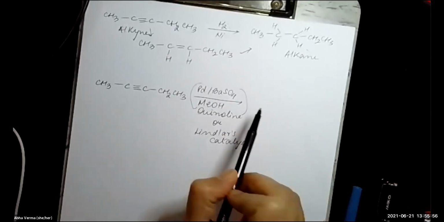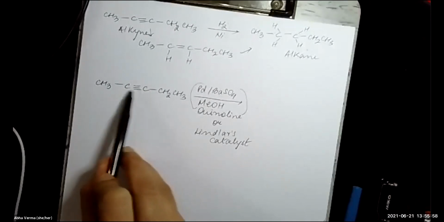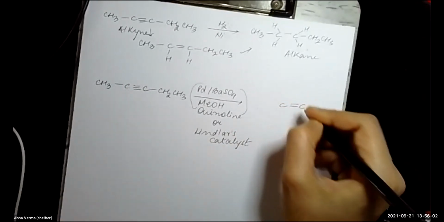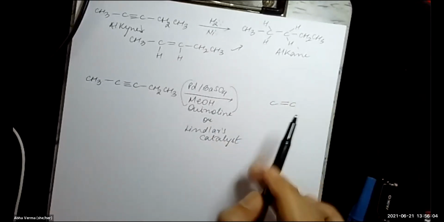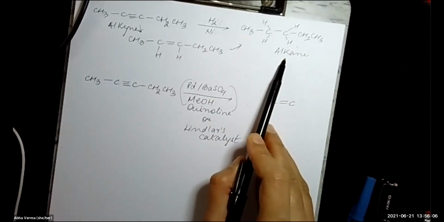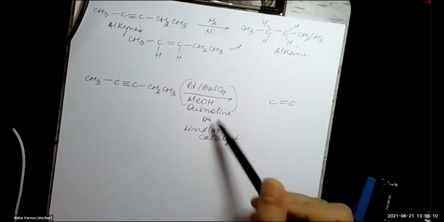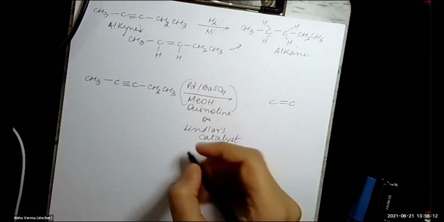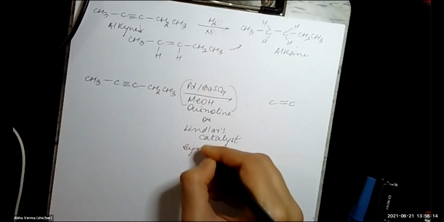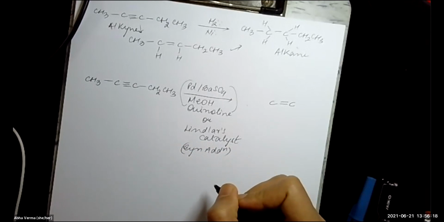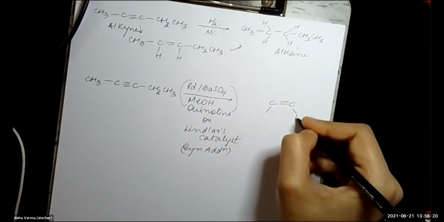So how are you going to draw your product? You will first draw these 2 carbons with a double bond. Why? Because we are preventing the formation of the complete alkane. We are going only up to a double bond. When you use palladium, you are going to get a syn addition of hydrogen.